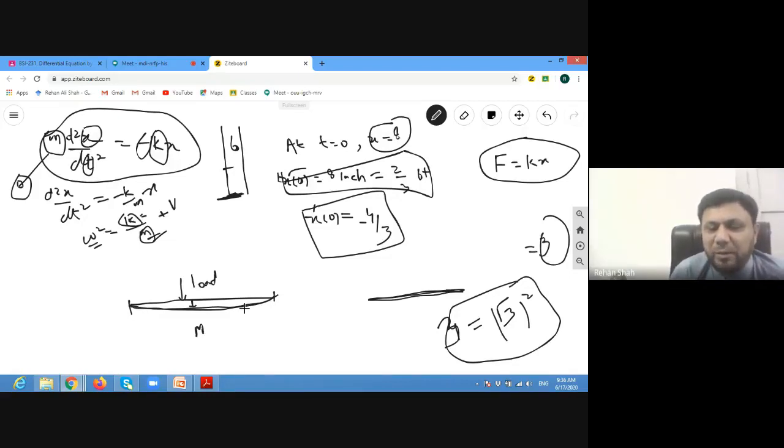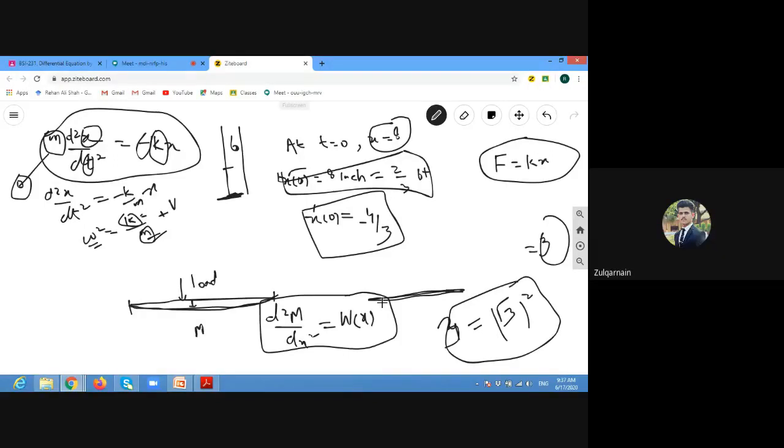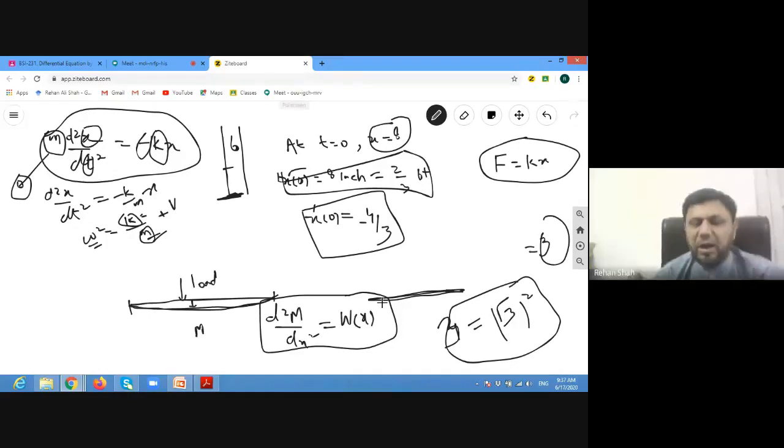This is called the bend moment. The change in bend moment is actually equal to the weight on this beam. W is weight actually. Is that clear? Why are we taking the double derivative for bending, sir? Yes, this is actually acceleration.